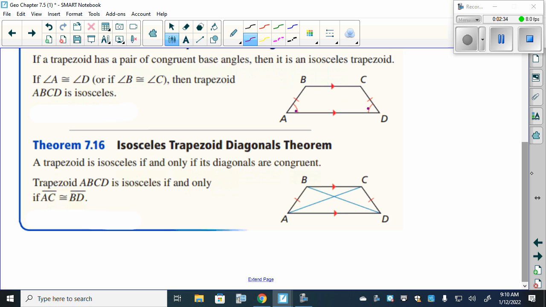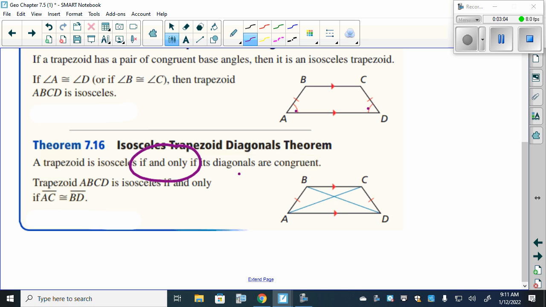And lastly, a trapezoid is isosceles if and only if its diagonals are congruent. So this goes both ways. We won't have a converse for the isosceles trapezoid diagonal theorem because of the if and only if. Because if we remember back, from chapter 3, when we talked about conditional statements, biconditional means it goes in two directions.